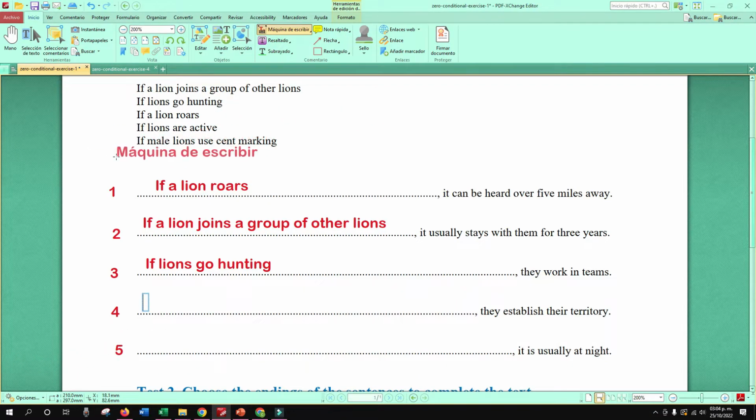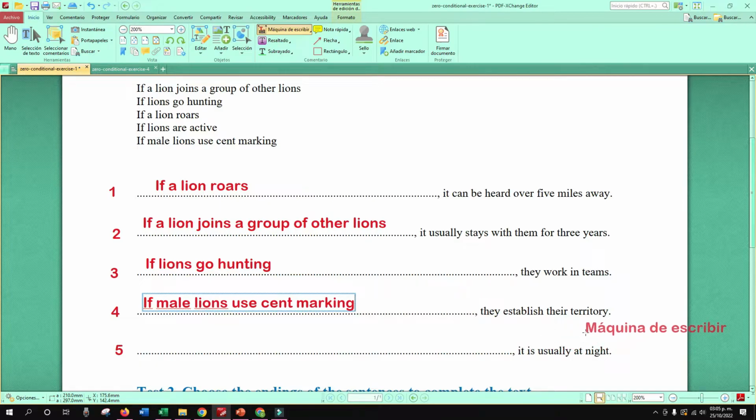Siendo o sea, estando activo o usando marcas. Which would be the if clause there? So I guess that is the other one, Mr. Davy. In that case, if male lions use scent marking, they establish their territory.